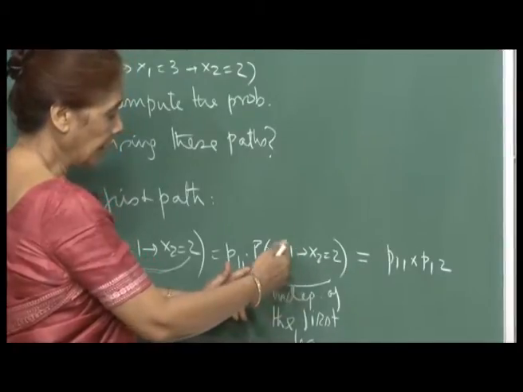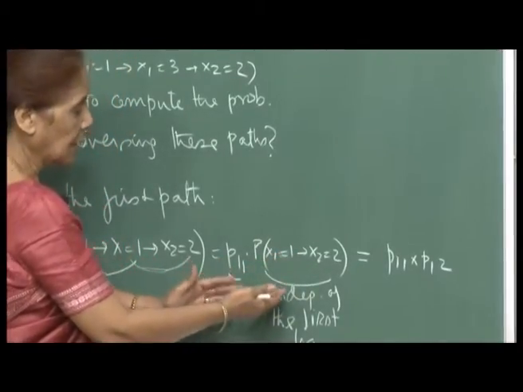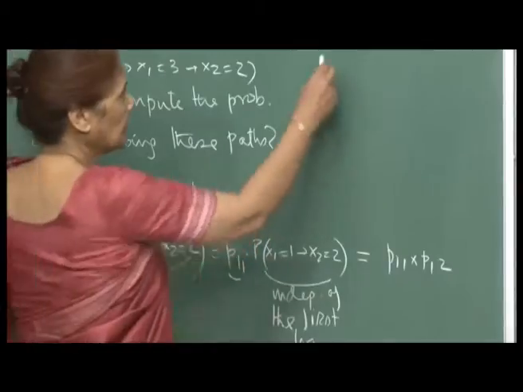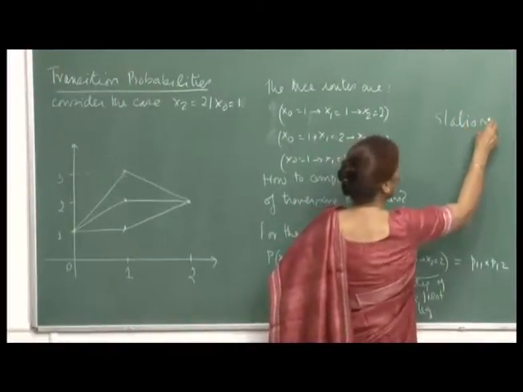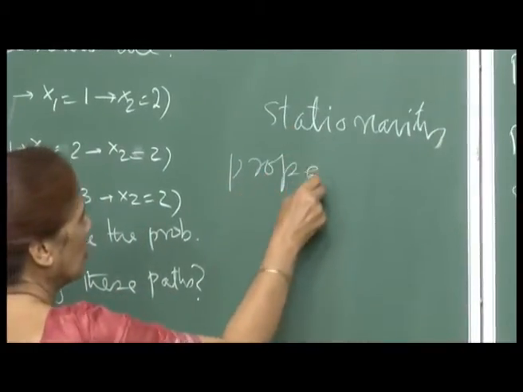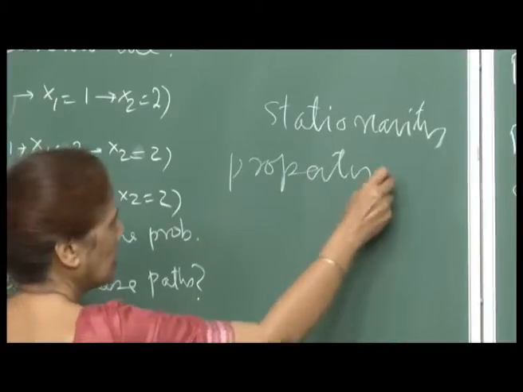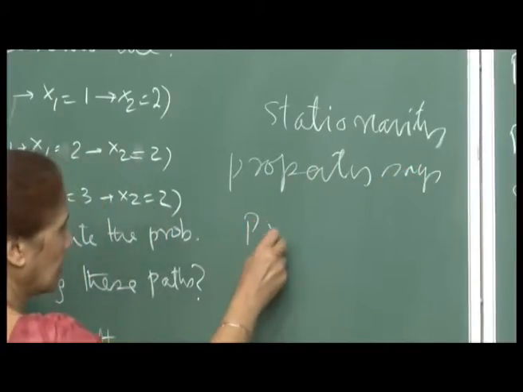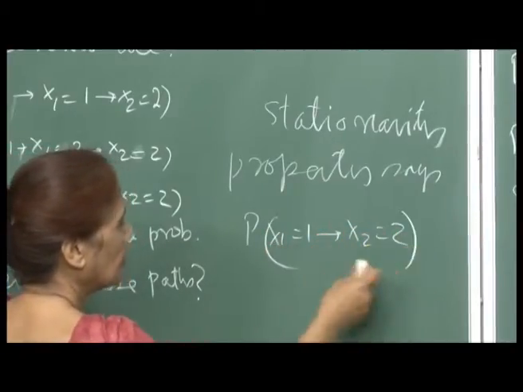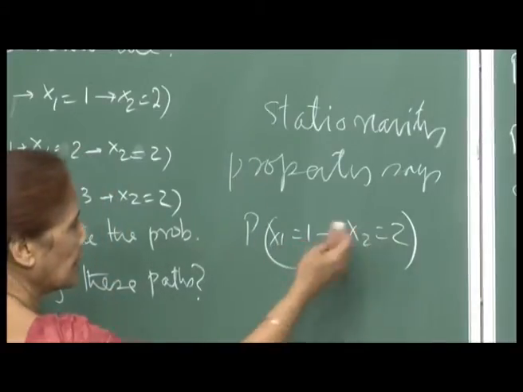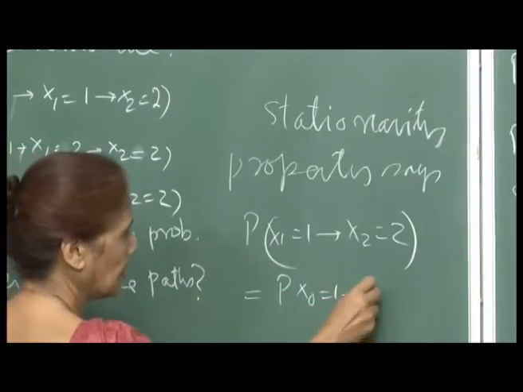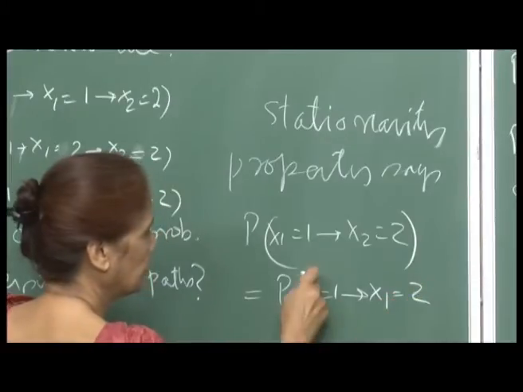I do not need to know what was the value of x naught, and so the 2 are independent, and since by our stationarity property, the probability x 1 equal to 1 and transitioning to x 2 equal to 2, that means the conditional probability of being in 1 and then transitioning to 2, is the same as the probability x naught equal to 1 transitioning to x 1 equal to 2.